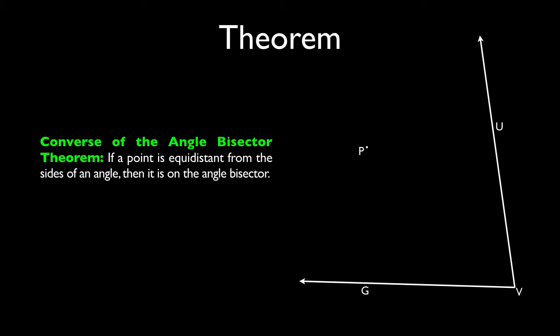The other converse we are learning is the converse of the angle bisector theorem. That says that if a point is equidistant from the sides of the angle, then it is on the angle bisector.